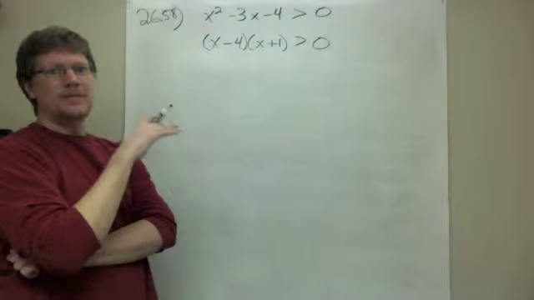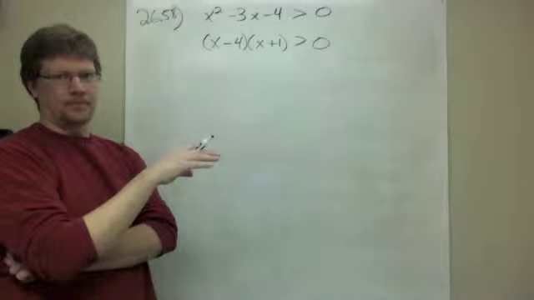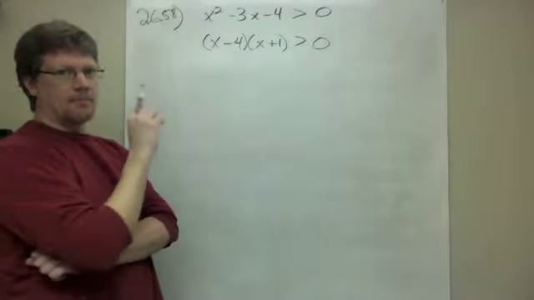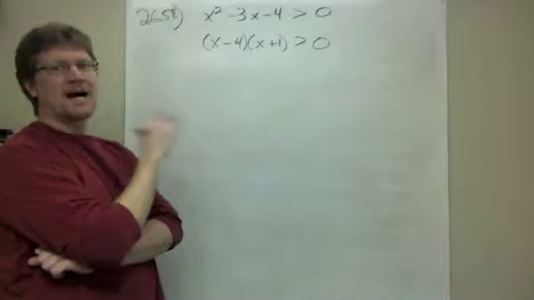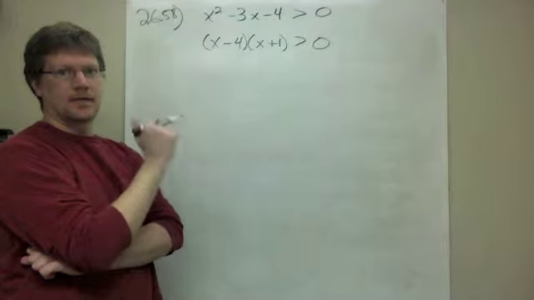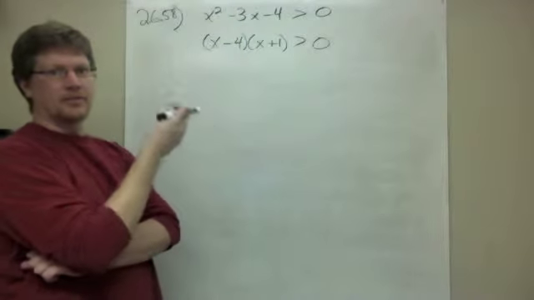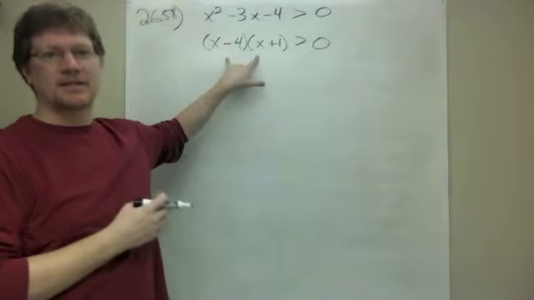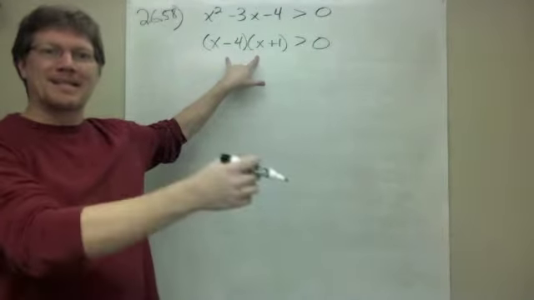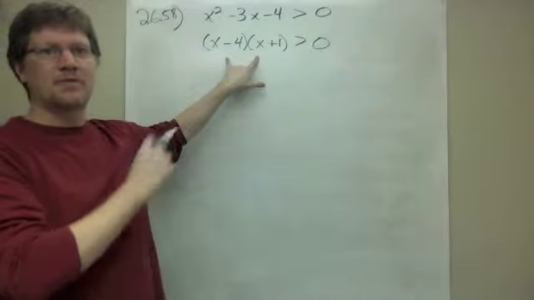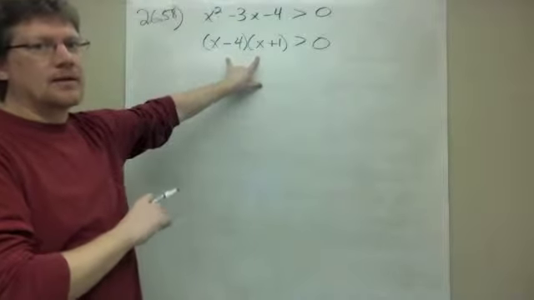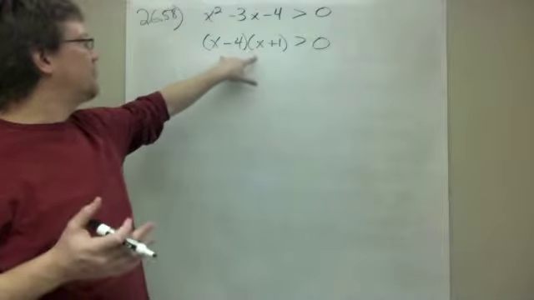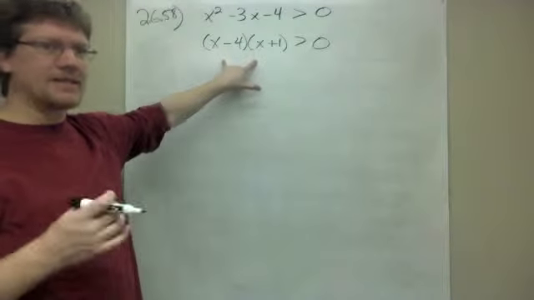For this thing to be greater than 0, these things multiplied together must be positive. So either both of them are positive or both of them are negative. One of the ways we can do this is to figure out where that is the case.